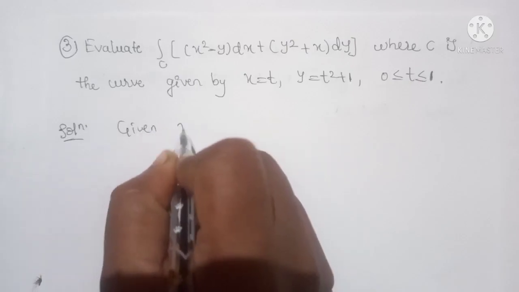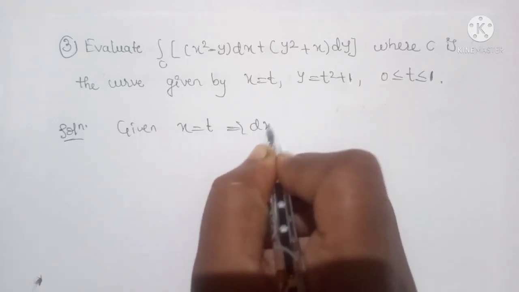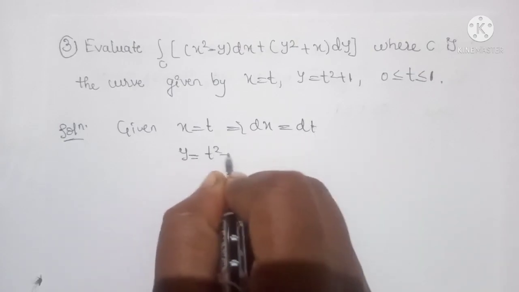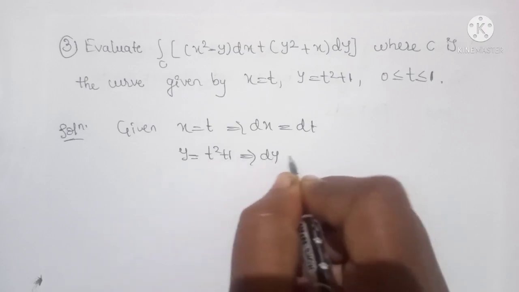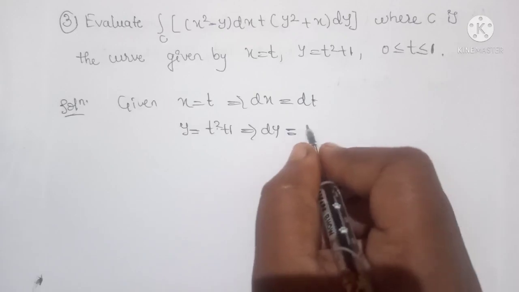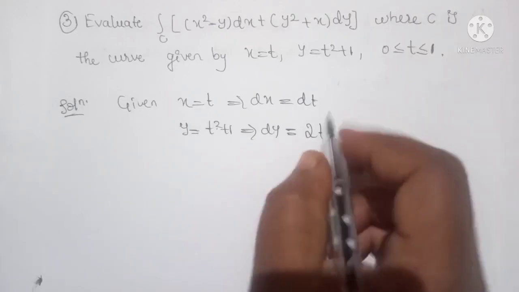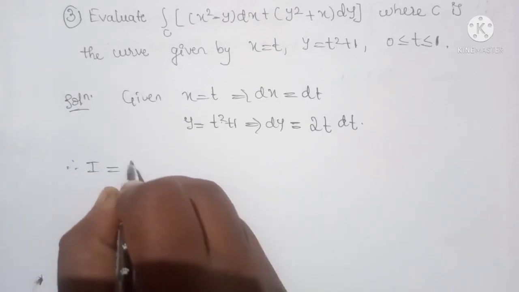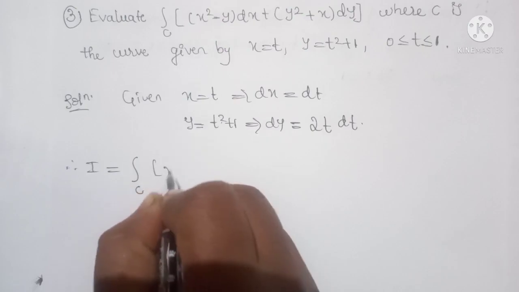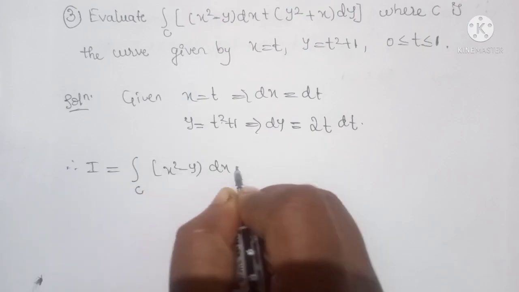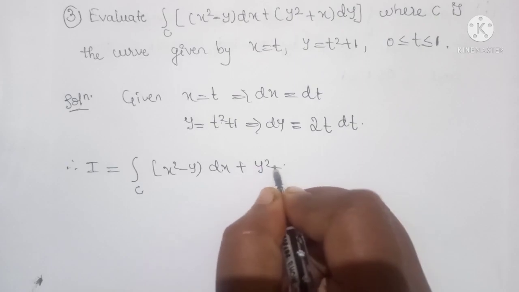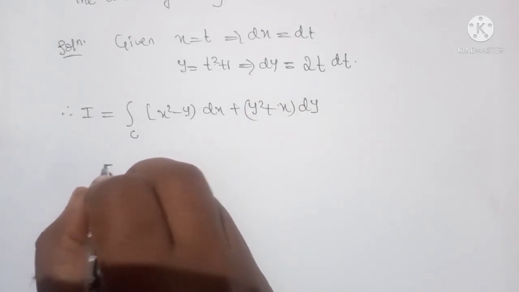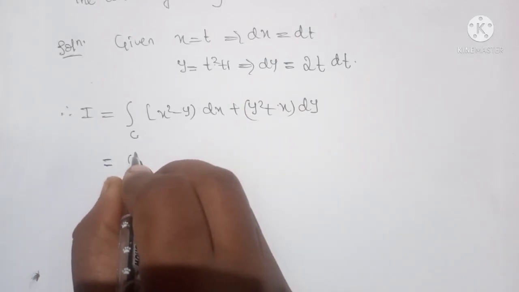given x equals t, which implies dx equals dt, and y equals t square plus 1, therefore dy is equal to the differentiation of t square, 2t, plus the differentiation of 1, 0, into dt. So therefore the given integral I is the integral over c of (x square minus y) dx plus (y square plus x) dy, and we substitute all the values here, integral 0 to 1.